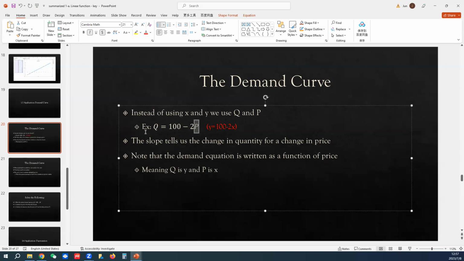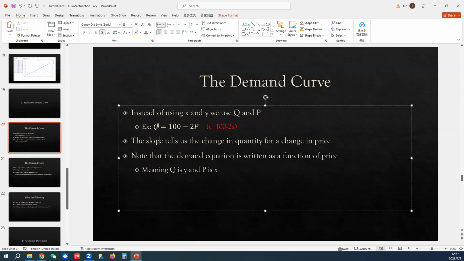So we would like to put the cost, the leading force, the driving force, to be the independent variable, and the consequence, which is a passive result of the change in price, we put quantity, therefore, as the dependent variable, right?